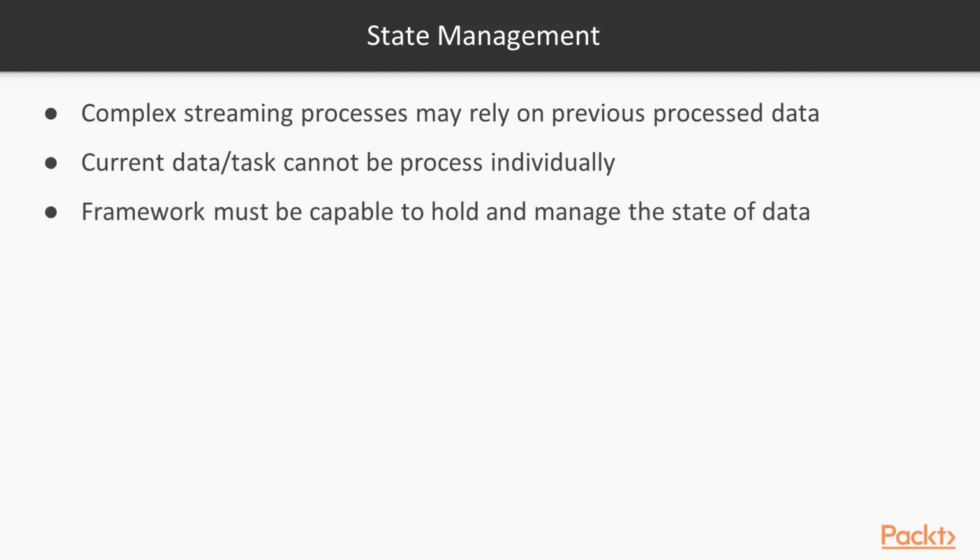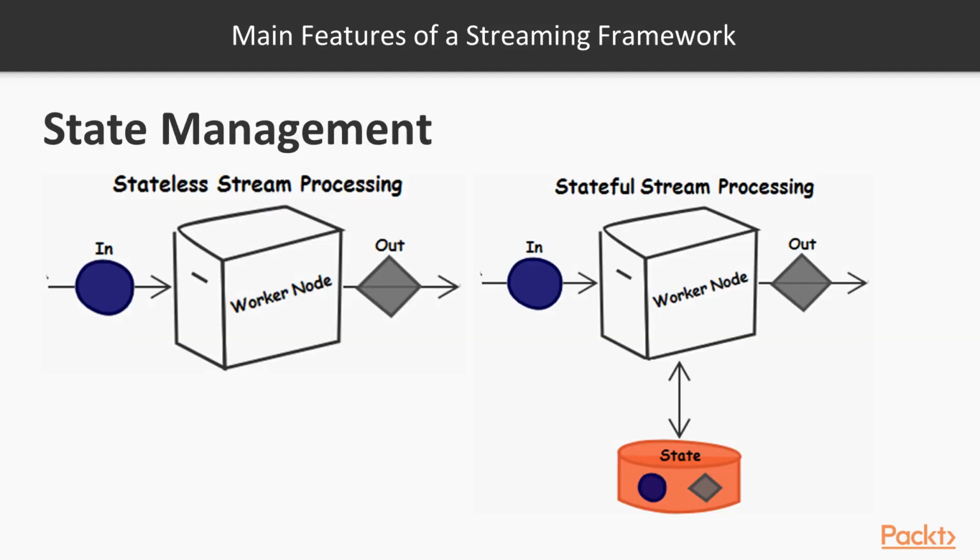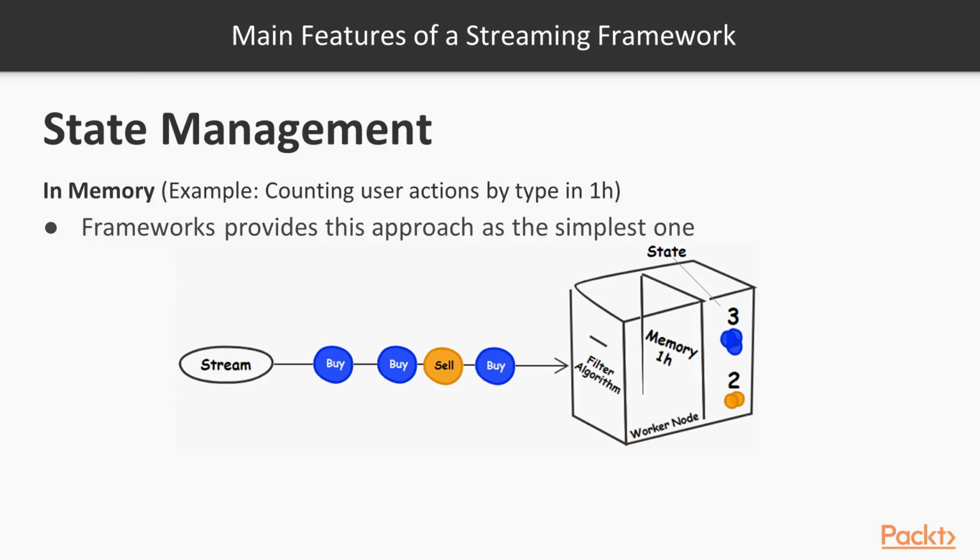And in this case, the framework must be capable of holding and managing the state of data. While a stateless stream processing action contains only some input and output, a stateful stream processing action requires a state that the worker node can access via input and output operations. This way, the worker can store or fetch a certain state. The simplest approach for providing state relies on using the memory of the current worker node.